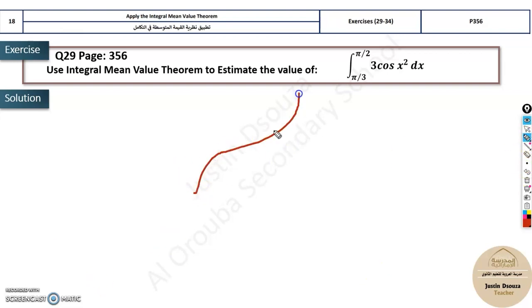Now, imagine this is a function. It's a continuous function. We know these are the limits, the closed interval. Sorry. There will be some value over here anywhere. Call it C. You can take anything, but it's called C. If you put this value in the function, say instead of f of x, you put this particular value, you will get the average of the function.